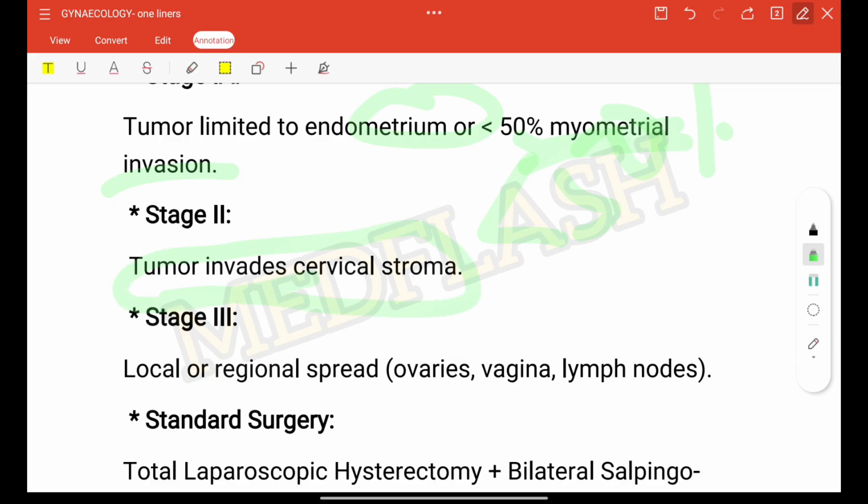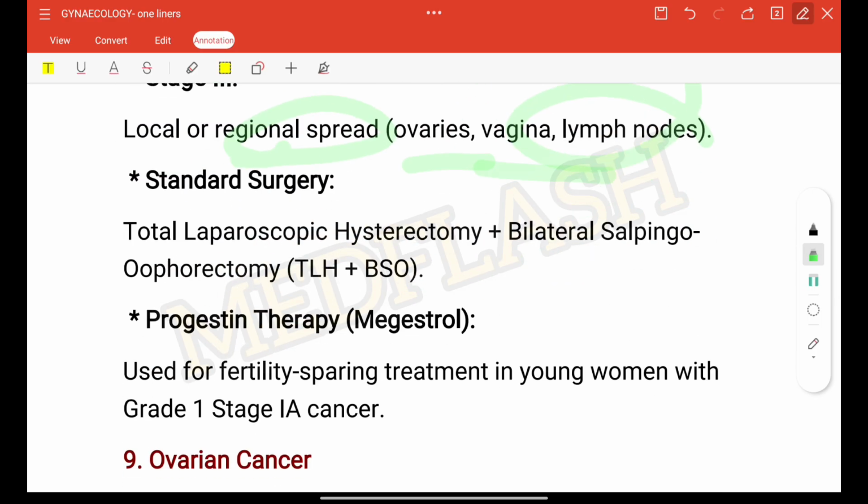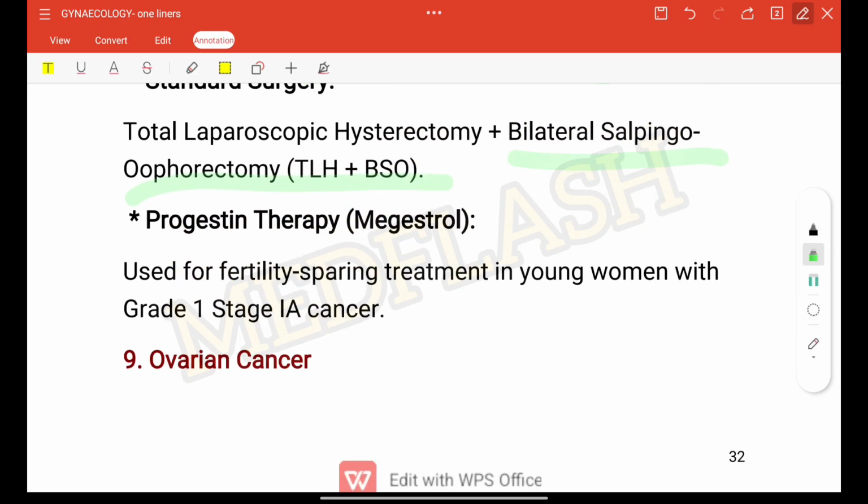Stage 3, local or regional spread like ovaries, vagina, lymph nodes. Standard surgery for endometrial cancer is total laparoscopic hysterectomy plus bilateral salpingo-oophorectomy. Progestin therapy is used for fertility sparing treatment in young women with grade 1 stage 1A cancer.